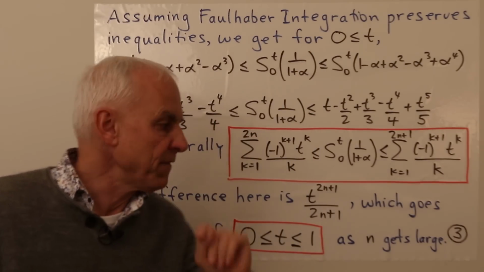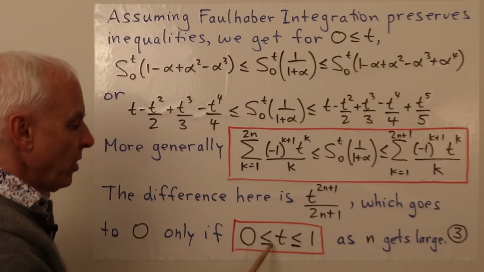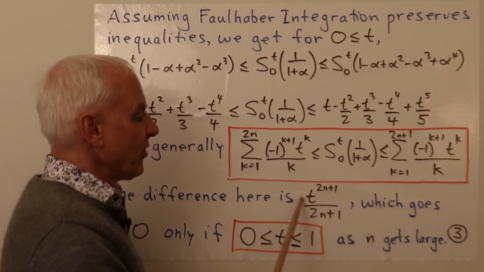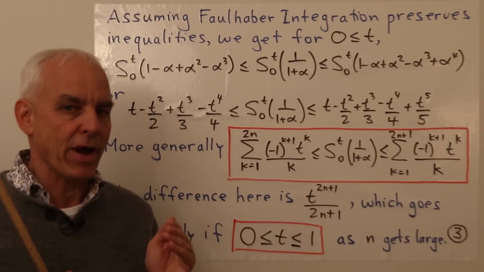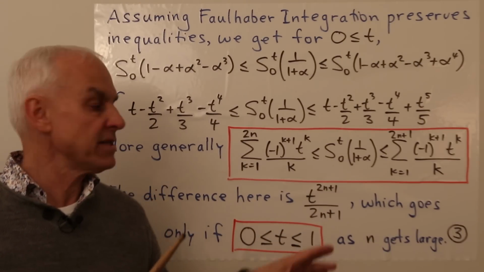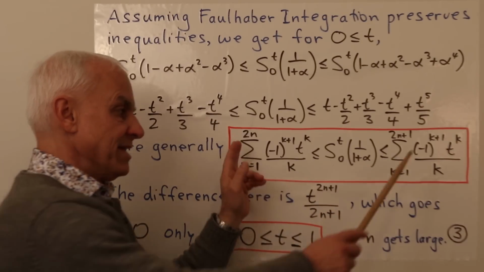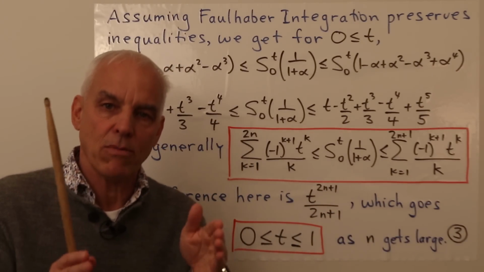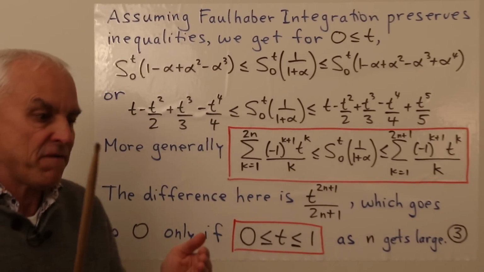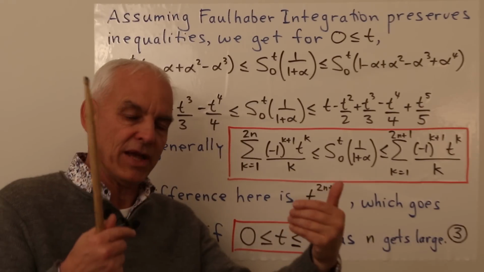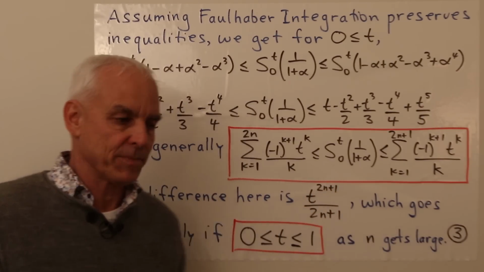However, if t is in the range 0 to 1, then these powers will always be between 0 and 1 also. And then the fact that the denominator is getting big means that this whole quantity here, which is the difference between the left and right-hand sides, is going to get smaller and smaller and smaller. So it means we're effectively sandwiching what we're interested in between two things that we know exactly what they are.